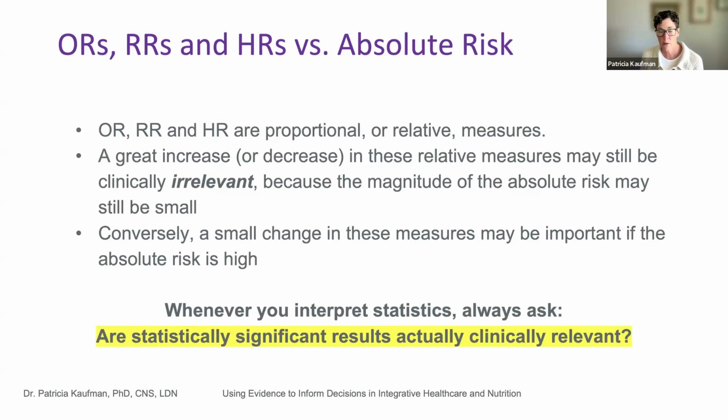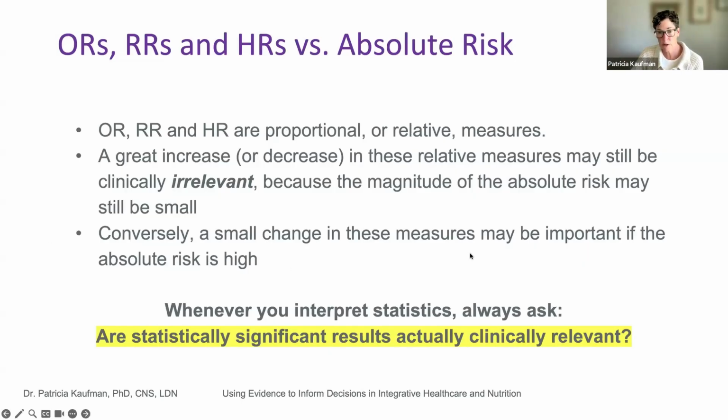For instance, if a 1 milligram per deciliter decrease in LDL is significant, and the relative risk showed it reduced the risk of heart attack, would that 1 milligram per deciliter really be clinically relevant? Is something else going on, because of the confounding variables in observational studies, that could have caused that decrease as well? Always think in your mind, is that clinically relevant?